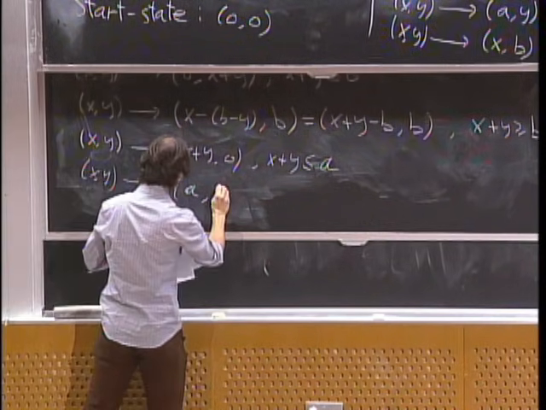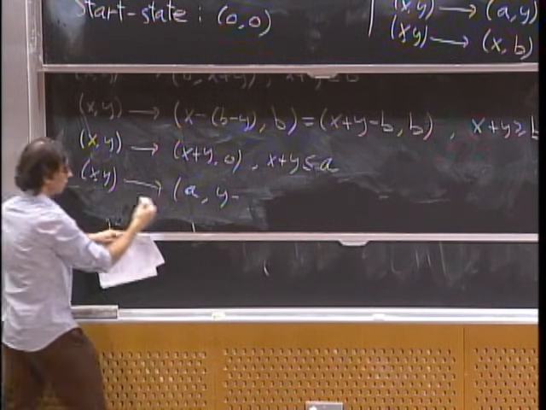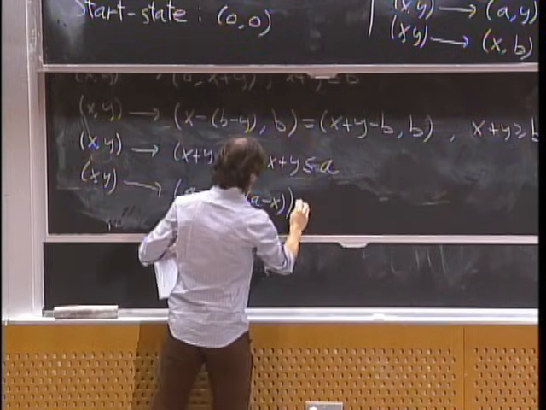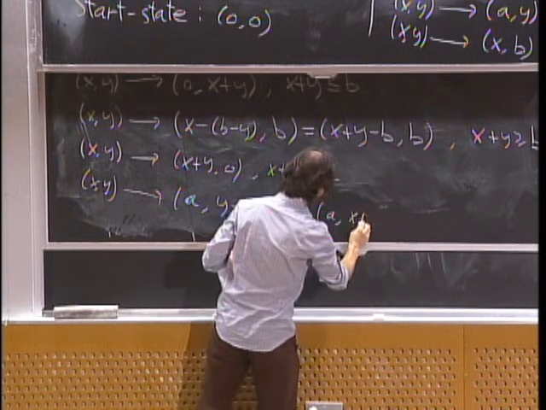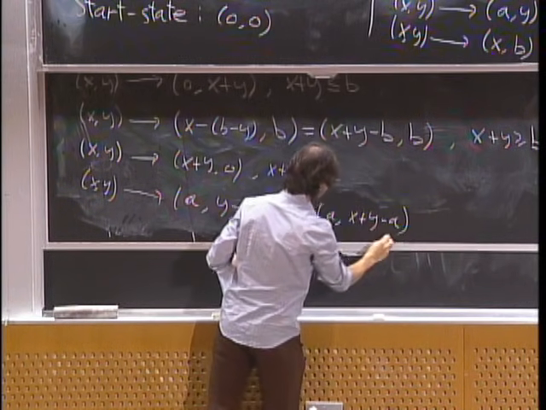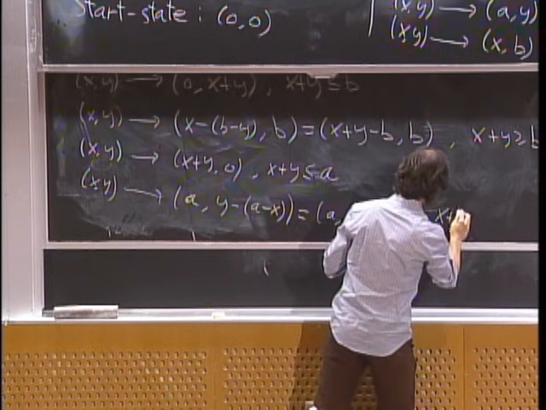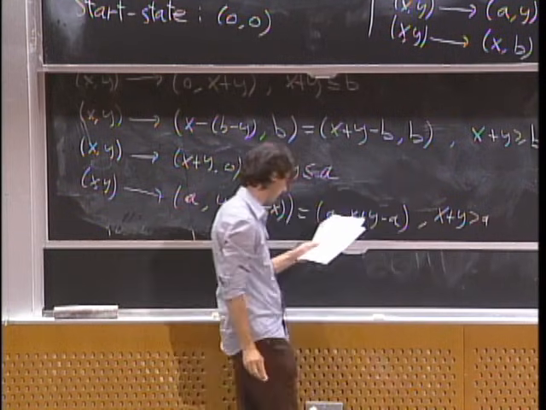And what is left is y minus, how much did we have to pour in here? Well, that's a minus x. And we again have a similar formula, but it now looks a little bit different. (a, x plus y minus a). And this is only for the case where x plus y is at least a.